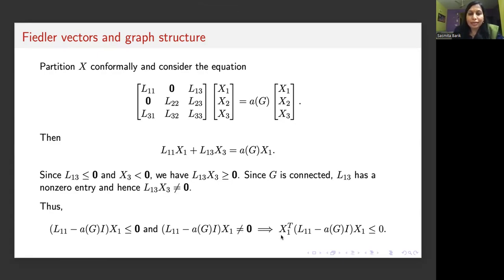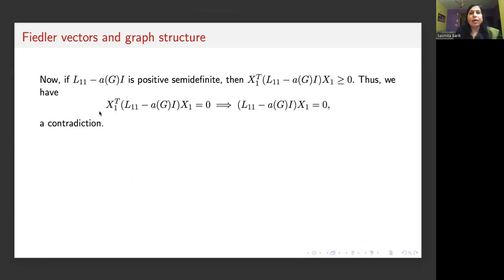And this implies that if I take x1 transpose and multiply with this vector, then this will also be less than or equal to 0, because x1 is a non-negative vector. So if you are multiplying, that will again become less than or equal to 0.